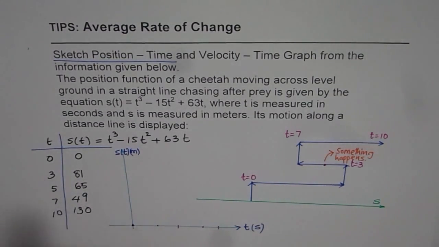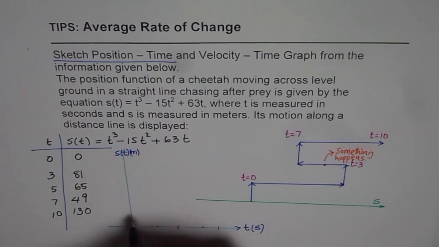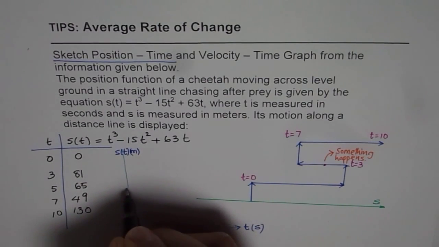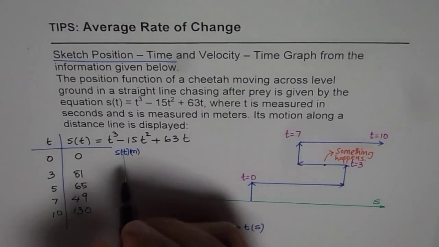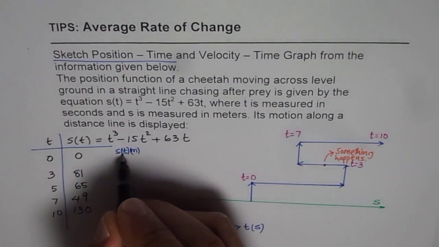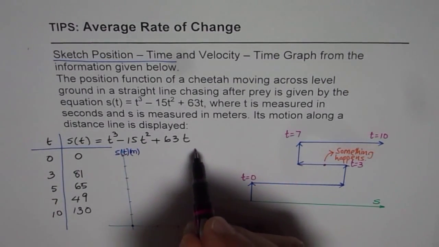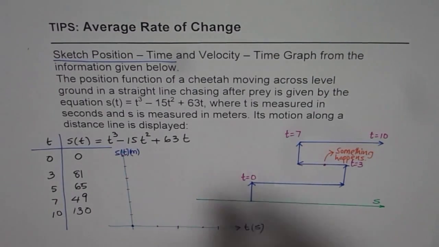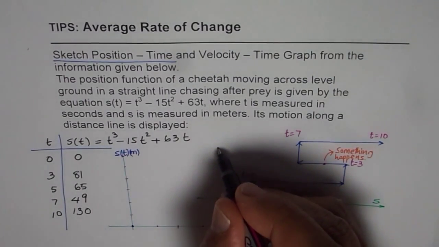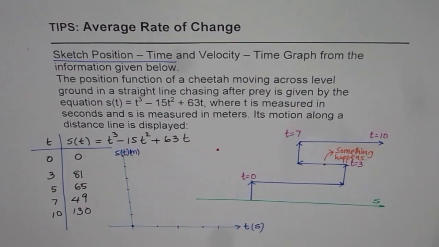So first point is this. Then at 3 we are getting 81, so we have to go to the maximum of 130. Let us say 100 is somewhere here, so let's go by 20s, for example, 20, 40, 60, 80, 100, 120, right? So 130 will be around here. That should be a good scale to choose.